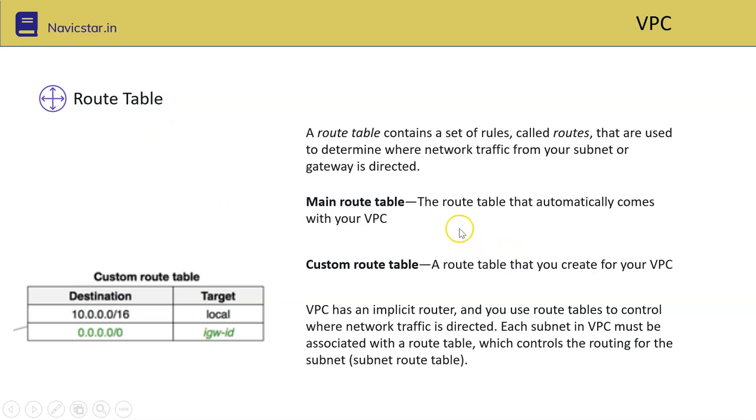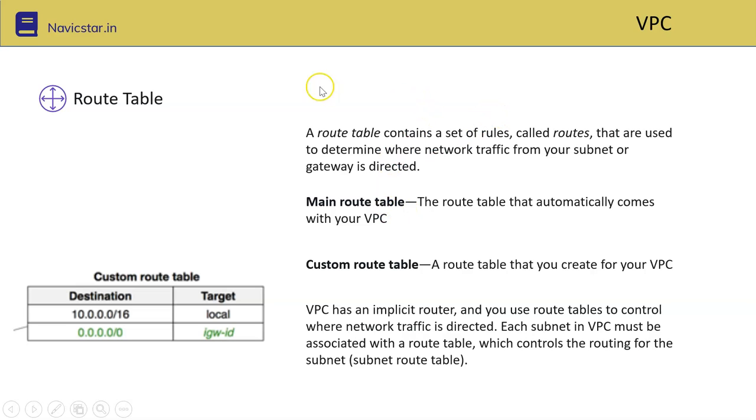Every VPC comes with a main route table, which contains default destinations. You can also build a custom route table as per your requirements. We will show all these things in the practical next session.